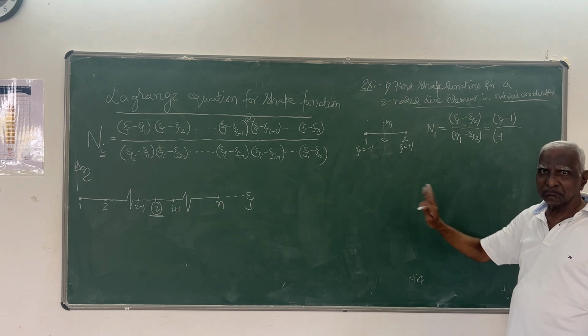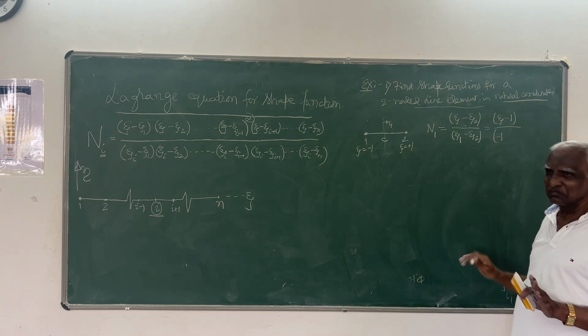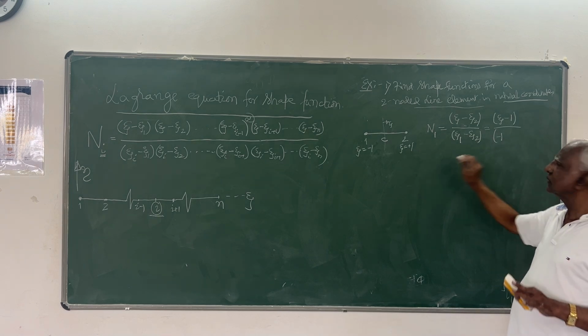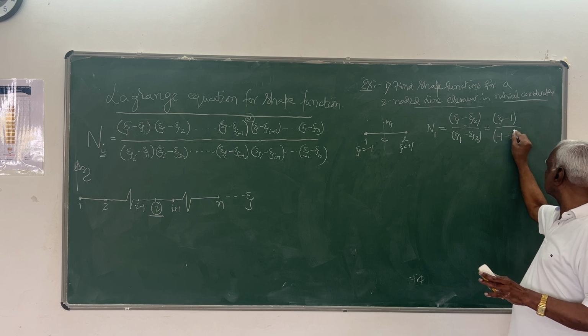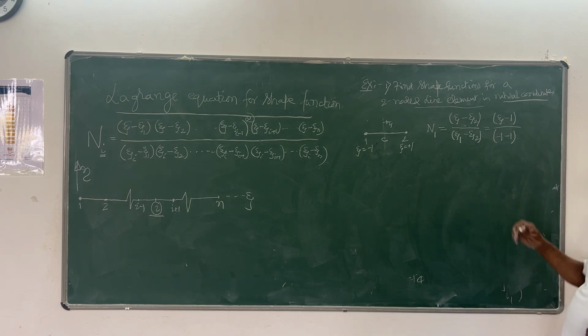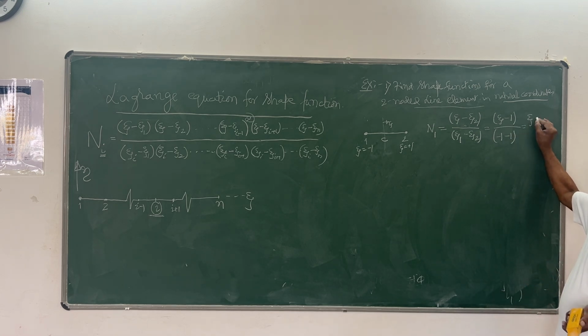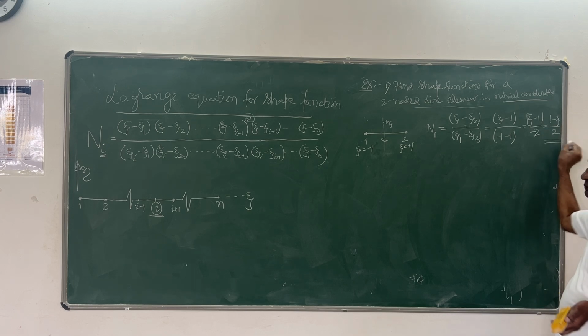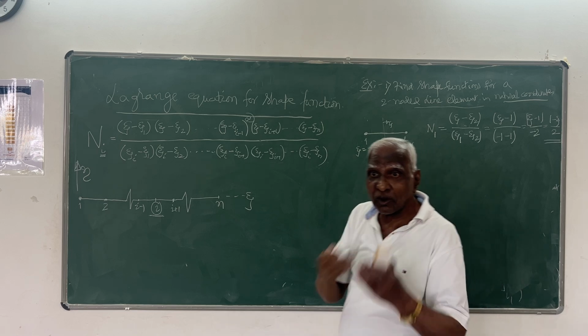That is known. The coordinate is known. Then this is minus psi 2, plus 1, whatever is there. So this is psi minus 1 by minus 2. Or it is 1 minus psi by 2. This is exactly what you got.